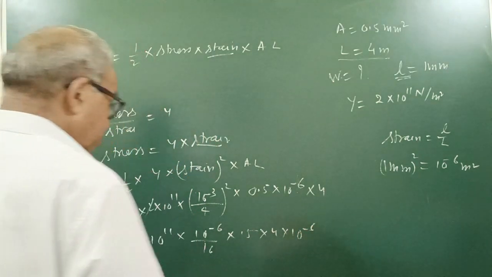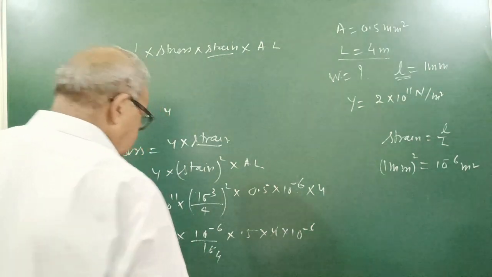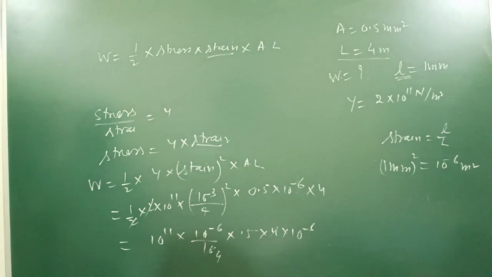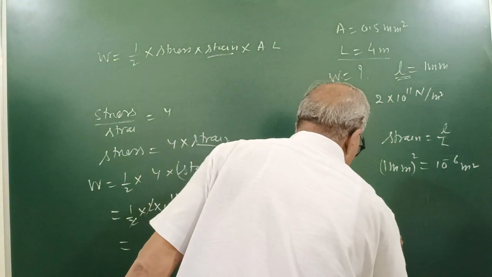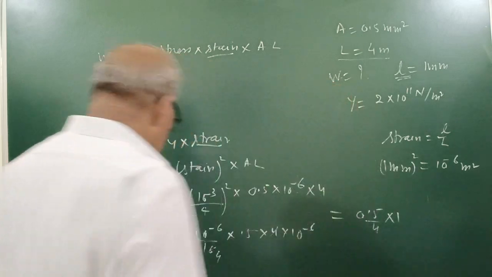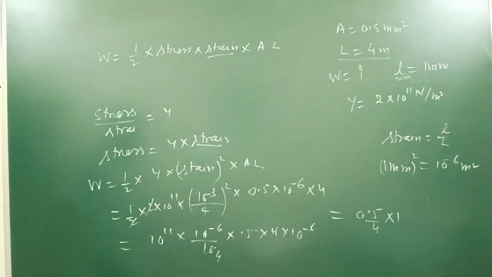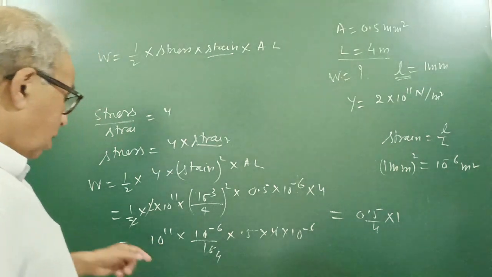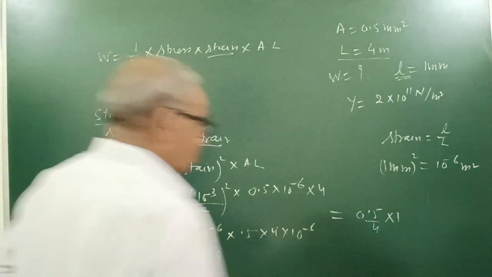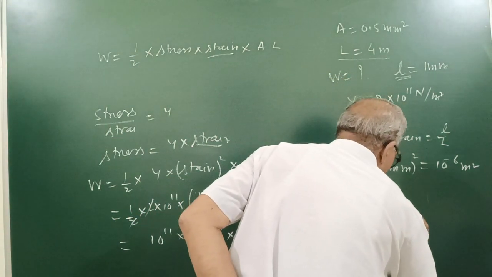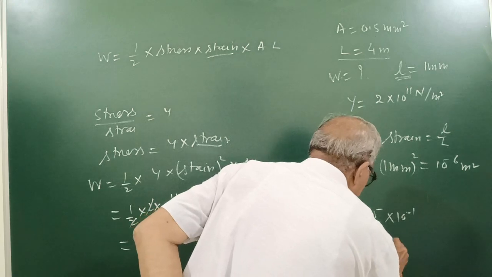So 4 squared is 16, so it is 0.5 into 4 into 10 to the power minus 6 and 10 to the power 11, and the remainder is 10 to the power minus 1, or you can write 5 into 10 to the power minus 2 joule.